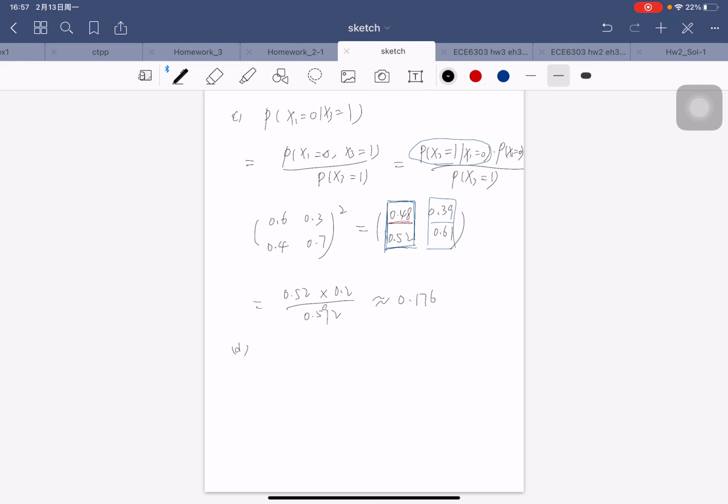The fourth question. Find the limit, when n goes to infinity, of the probability that xn equals 0.